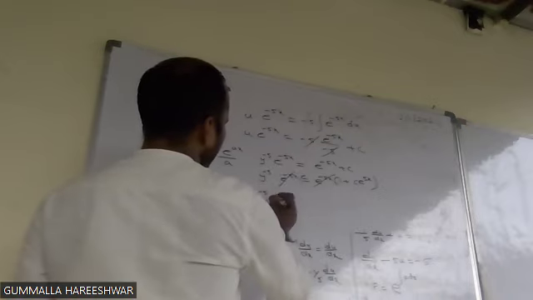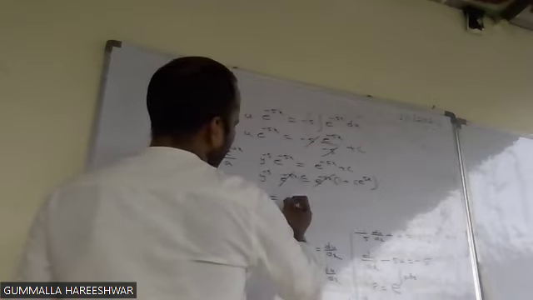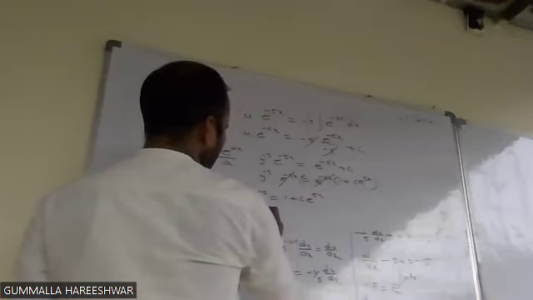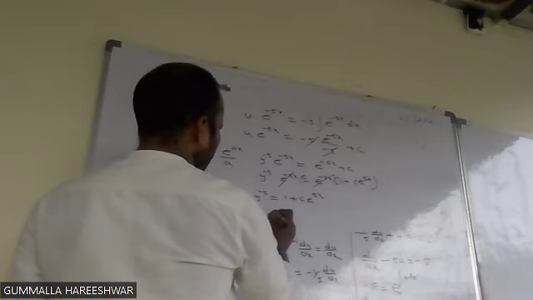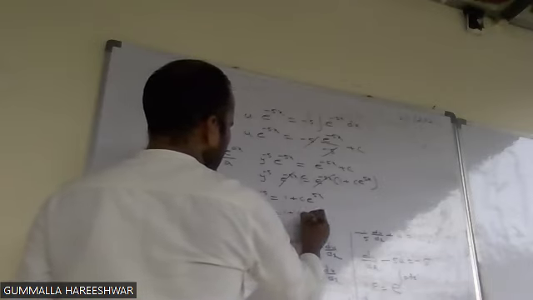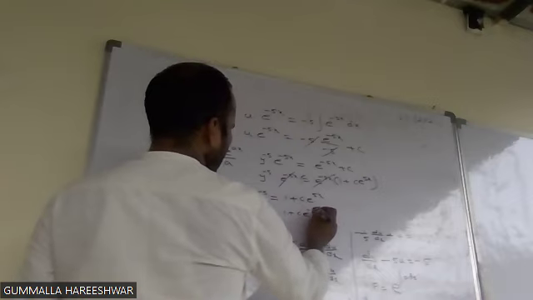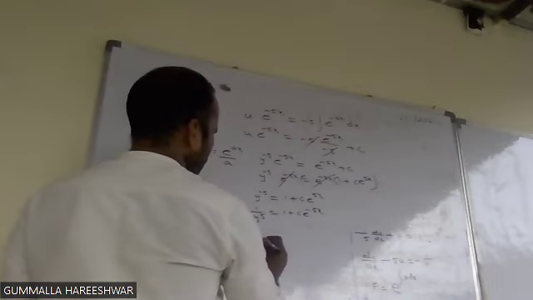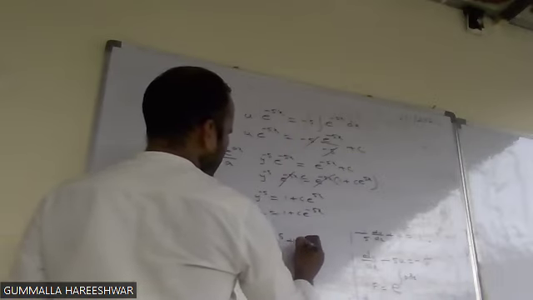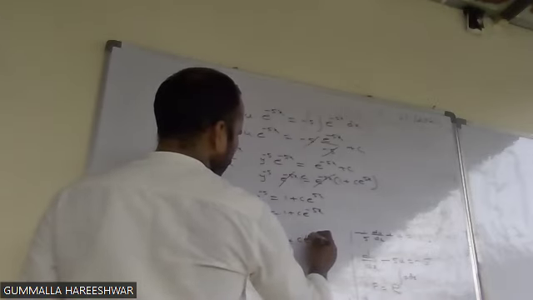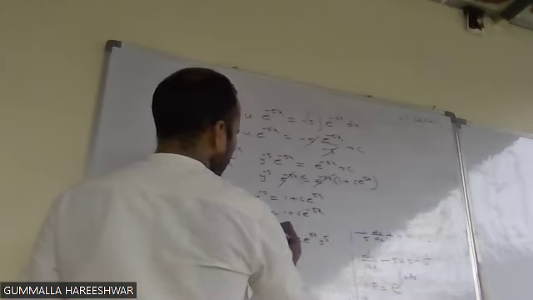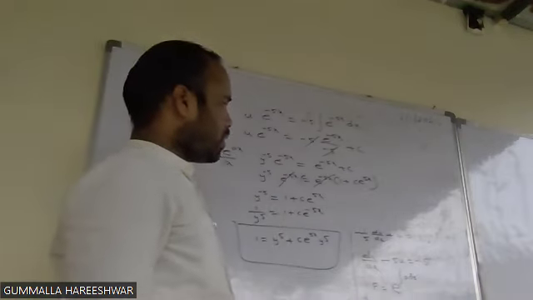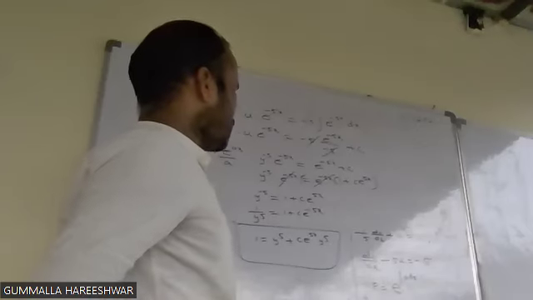Y power minus 5 equals 1 plus c e power 5x. So 1 by y power 5 equals 1 plus c e power 5x, that is, 1 equals y power 5 plus c e power 5x y power 5. So this is our general solution of the given Bernoulli's equation.